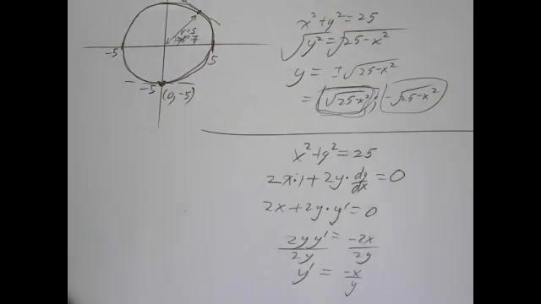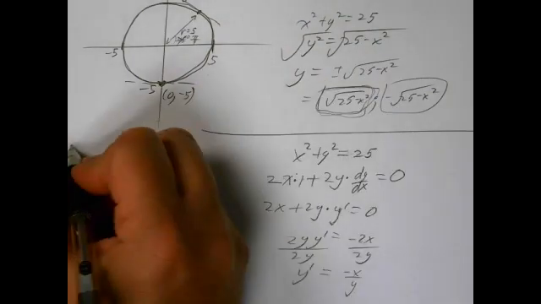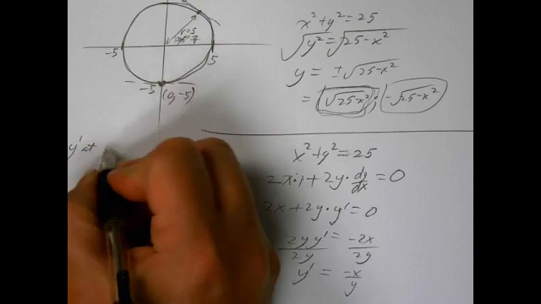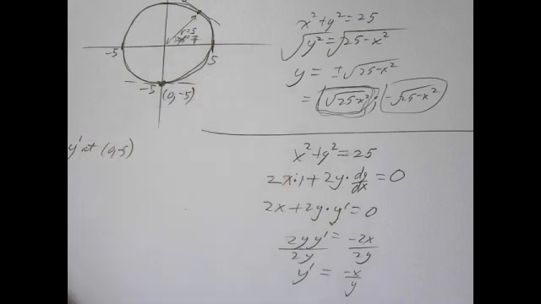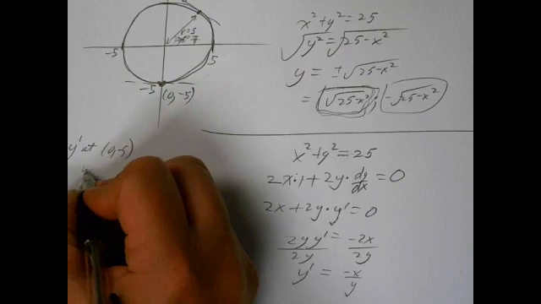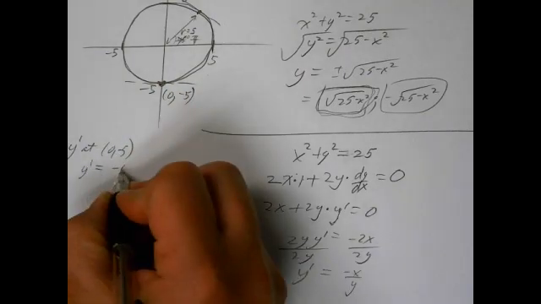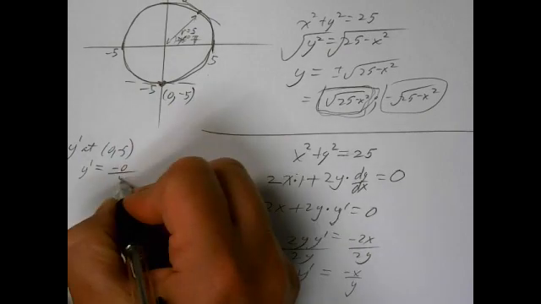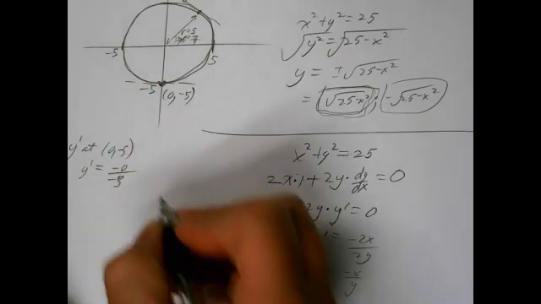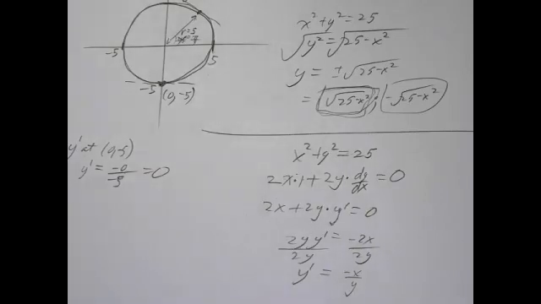All right, so plugging that in, y prime at 0, -5 would be y prime equaling opposite of x over y, which turns out to be 0. So that slope turned out exactly as we suspected. Okay, that is exactly what we should have expected to see happen.